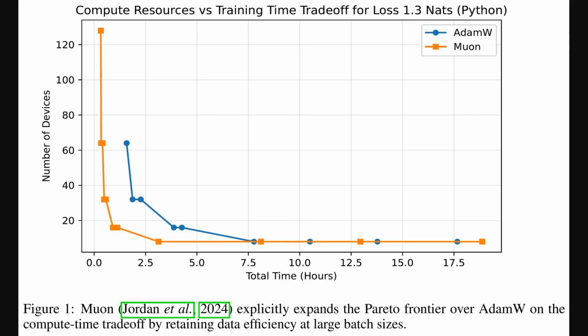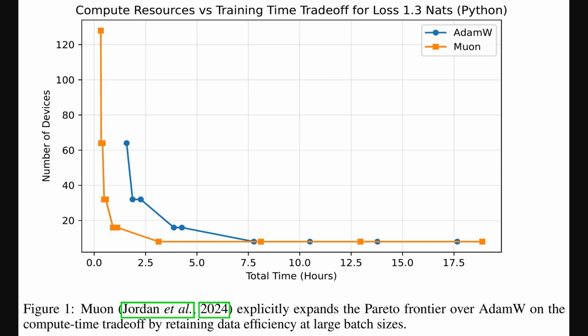Alright, so to really see what this efficiency looks like in practice, let's look at the first figure. This chart plots the number of devices used for training. That's our computing power on the vertical axis, against the total time it takes in hours. Both optimizers, Muon in orange and AdamW in blue, are trying to reach the same performance goal on a Python dataset.